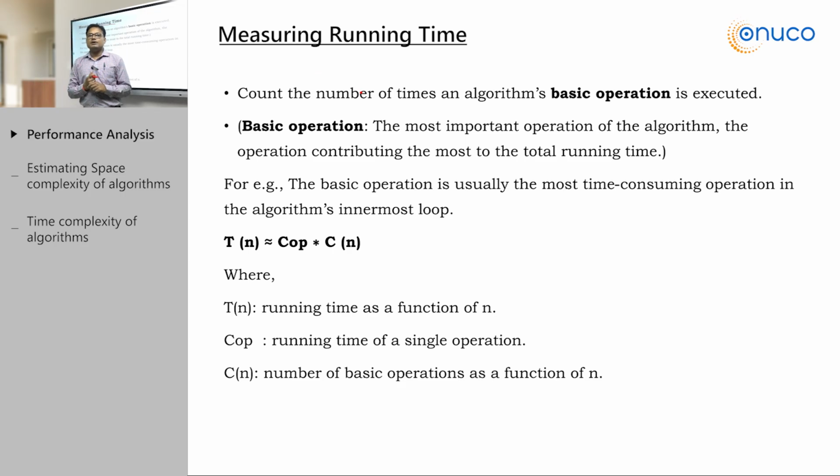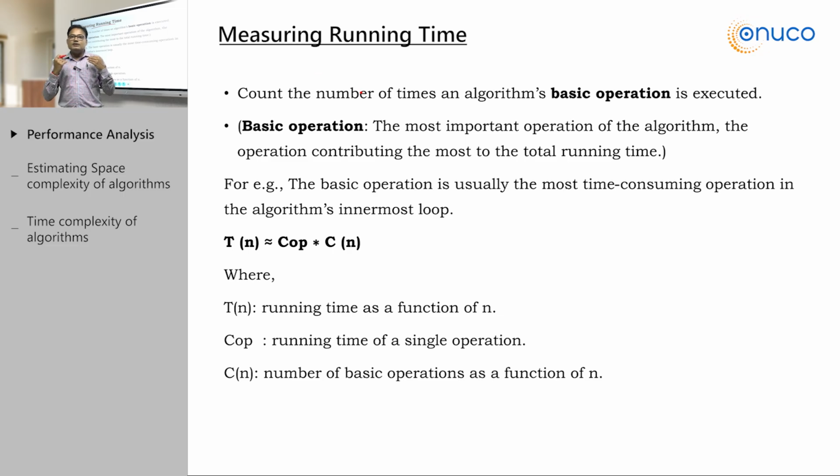For example, as we already learned in the first year, bubble sort: what is the basic operation? Comparison. We compare one element with another element. Similarly, for matrix multiplication, what is the basic operation? Multiplication.